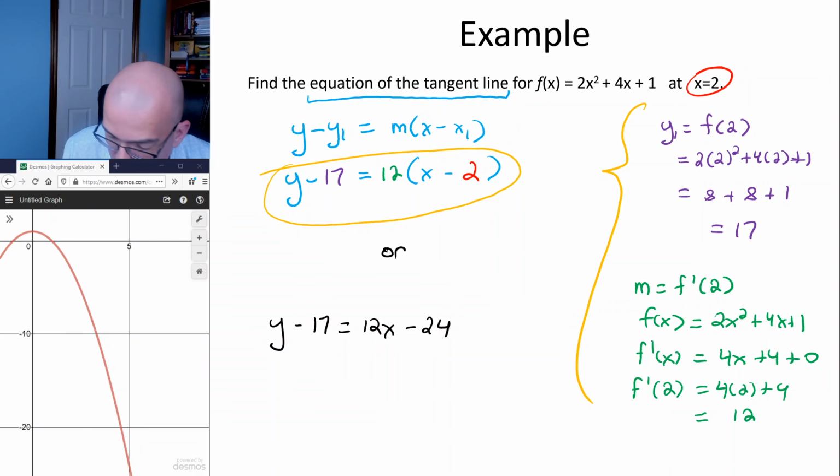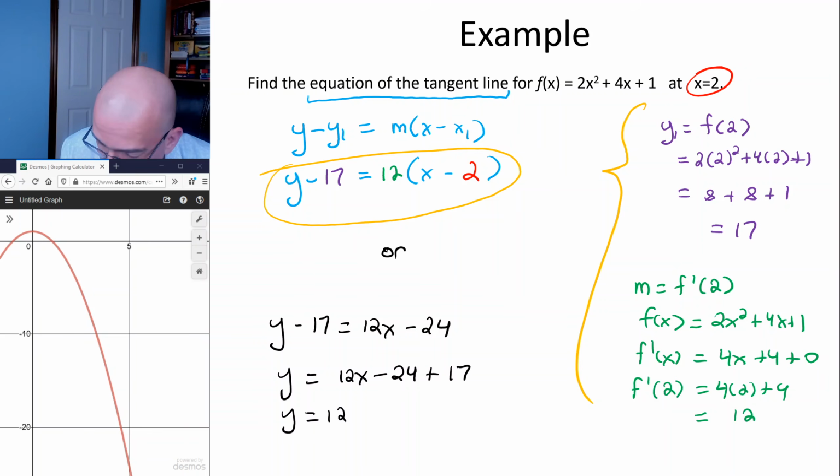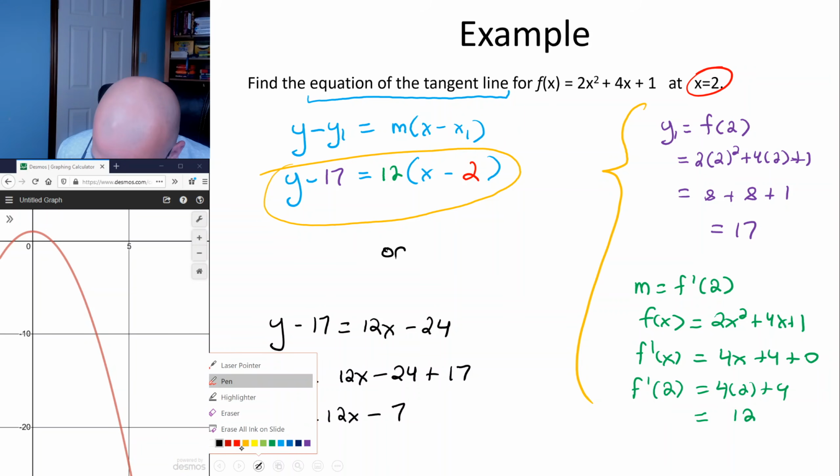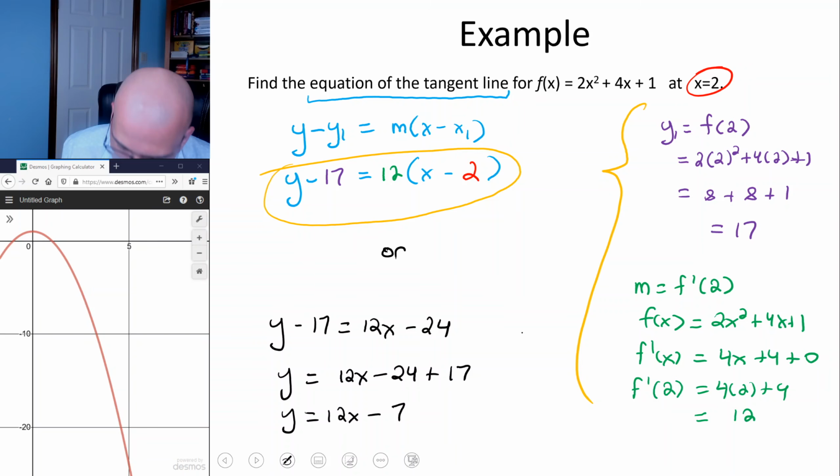So y is equal to 12x minus 24 plus 17. So y is equal to 12x minus 7. They're both good formats.